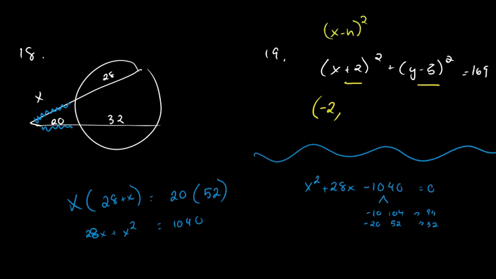So that means I plugged in a negative. The double negative makes it a positive, so it's a negative 2 and a positive 5, so that is my center. And my radius is equal to the square root of 169, because r squared is on this right side here. R squared equals 169. I took the square root of that, and my radius would be 13. So those are your two pieces for the answers.